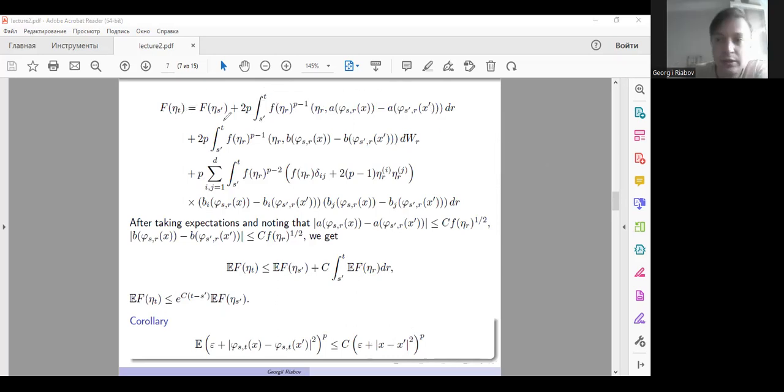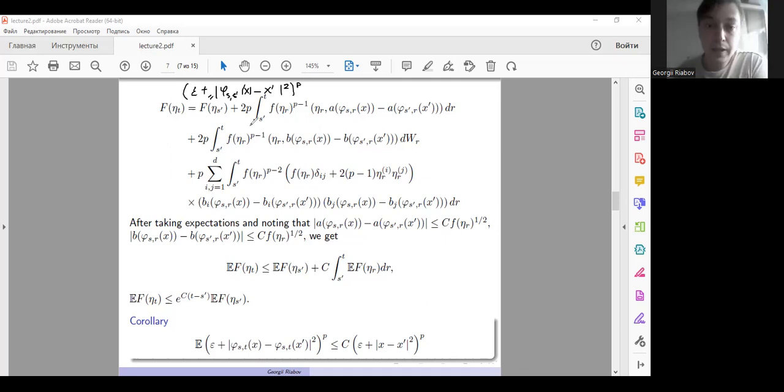So f of eta t is equal to f of eta s prime, which is exactly the phi s prime of x minus x prime squared plus epsilon into the power p.